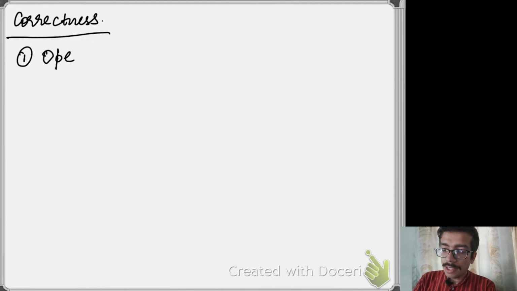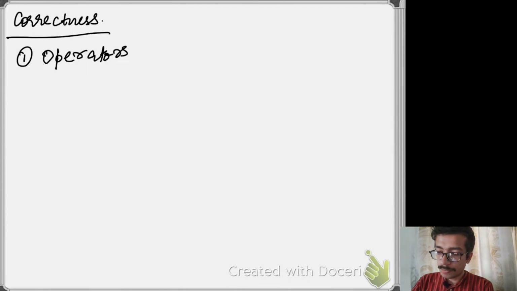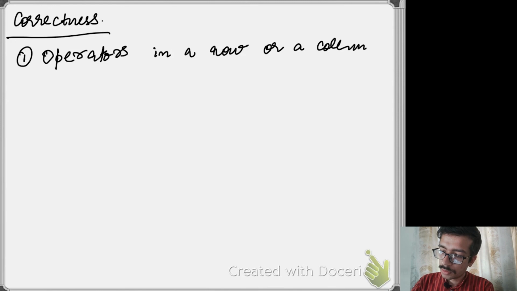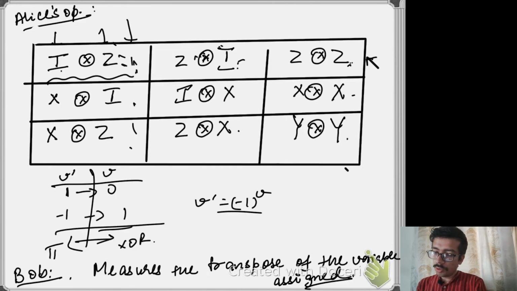Only then can Alice make consistent measurements across the set of operators in a row and column. So is it true? Let's see.